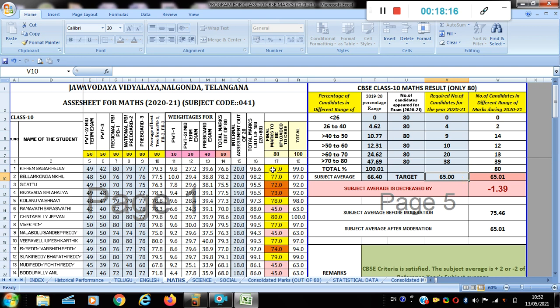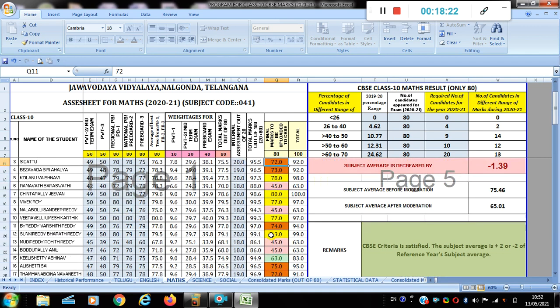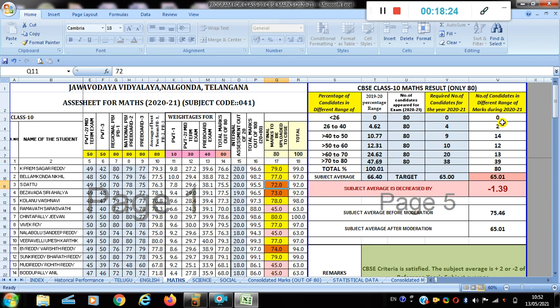Now after moderation, keeping the performance of the children in different aspects, I made all sorts of moderations, and finally this also will be calculated as per the formula. It is showing 0 in this range, 2 in this range.